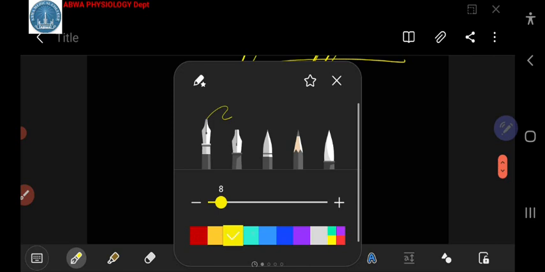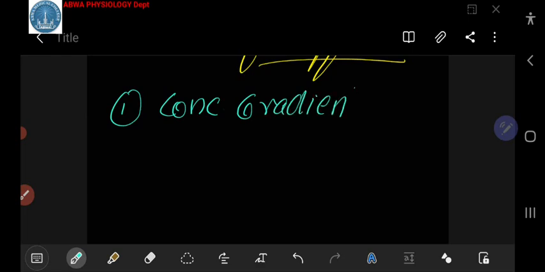Number one, concentration gradient. What does it mean? It means the greater the difference between the higher concentration and the lower concentration.